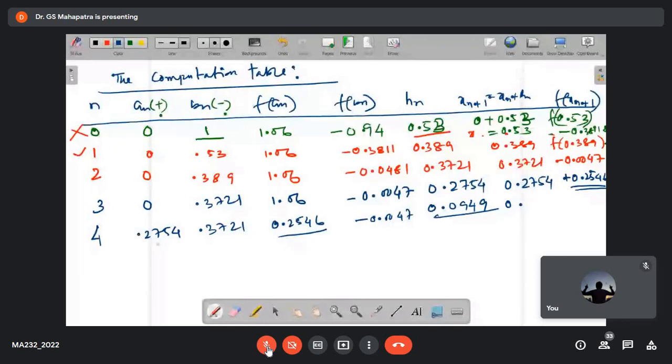Here Hn, sir. In third iteration itself, I got 0.3702. And it is the solution, sir. 0.3702. Yeah, then it is 0.2754 or 0.3702. It is 0.3702. Is it? 0.3702 means that is the answer.